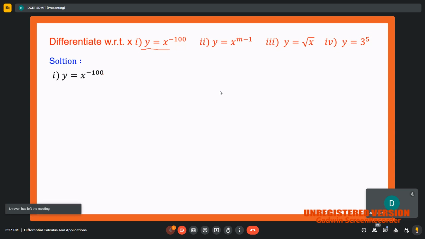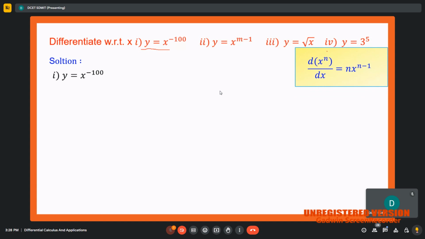To find the dy by dx, which rule are we applying here? See, this is the power rule we are applying. What is the differentiation of x to the power of n with respect to x? It is equal to n into x to the power of n minus 1.